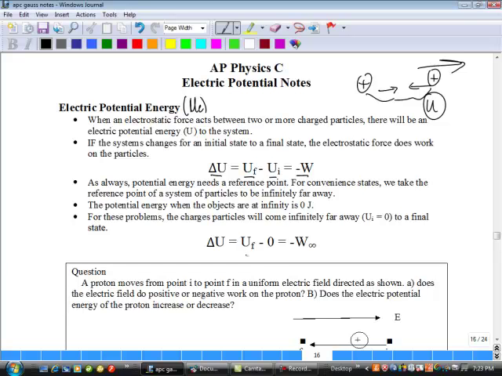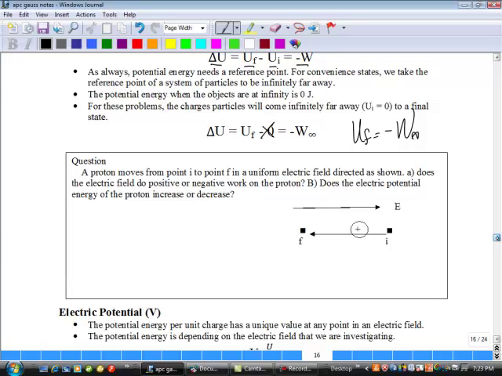So that's what this part right here says. If we move it from infinity, far, far away, where it is 0, to our final state, the potential energy at our final state will equal our negative work as we move an object from infinity to that point. If you remember from your internet homework from last unit, there were some questions and y'all always got confused about what it's talking about, moving from infinity. Well, this is why. It's so that our formulas work out, because we have to have a comparison between 2 points.